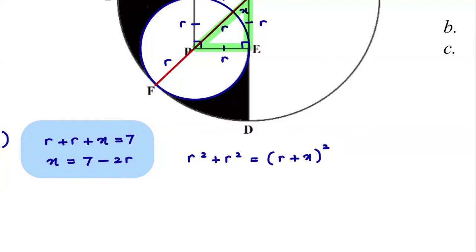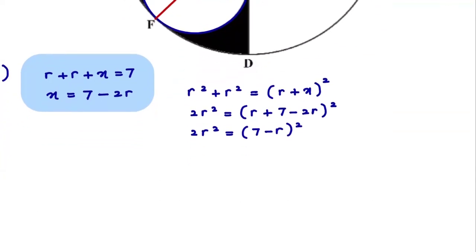So I'm going to have 2r square, and your x is 7 minus 2r. I think we're going to have a quadratic equation, guys.